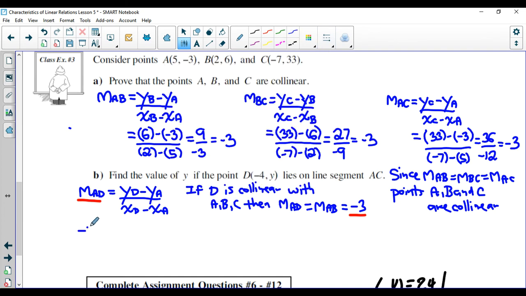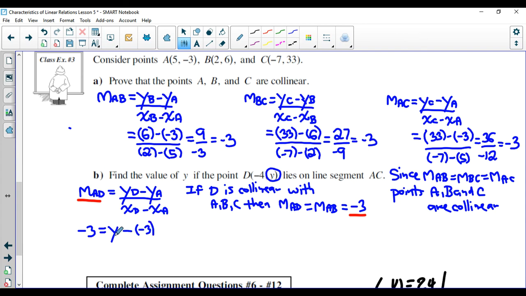So negative 3 would be equal to, what's the y coordinate of point D? Well, it's an unknown value, it's equal to y, so we'll just leave it as y for now. Subtract the y coordinate of point A, which is negative 3.